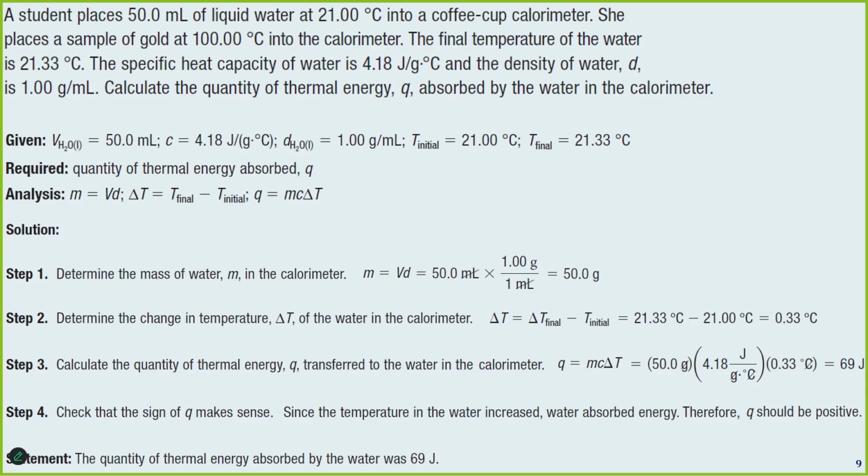And that is 21.33 degrees Celsius minus 21 degrees Celsius, which gives us 0.33 degrees Celsius. And then in the next step, we can calculate the quantity of thermal energy q transferred to the water in the calorimeter, where q equals mc delta T. So putting these numbers in, we know q equals 69 joules. Then check that the sign of q makes sense. Since the temperature of the water increases, water absorbs energy, therefore q should be positive.